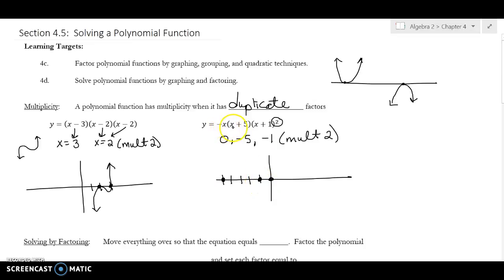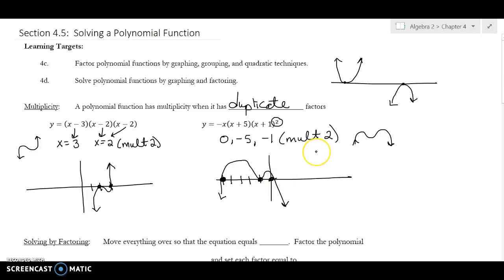So this has 4 answers, and so since it's negative, it's going to look like the M. Now, it's going to pass through at -5, but it's going to bounce off at the -1. So it's going to go up, it's going to bounce, it's going to go up and back down. I kind of missed my points, my intersections, but you get the drift of what's going on.